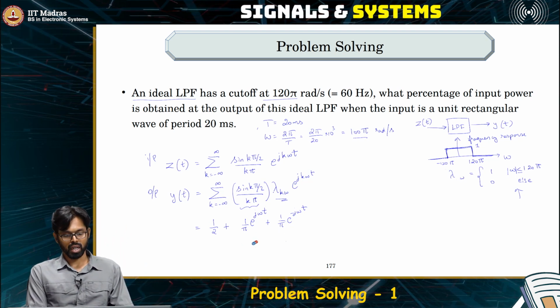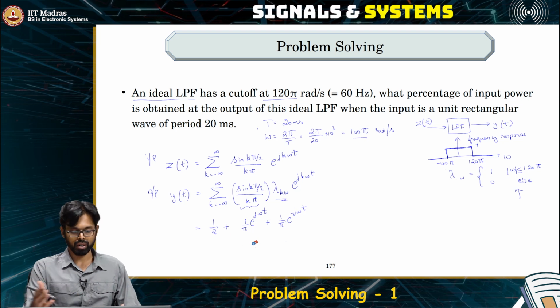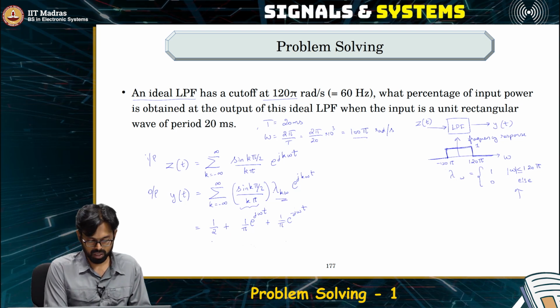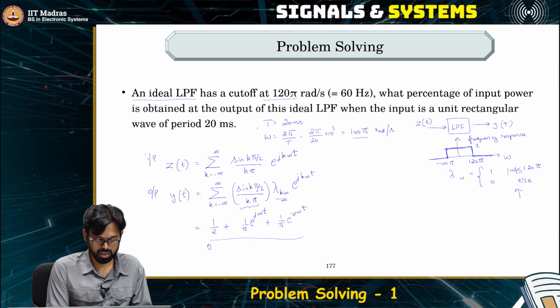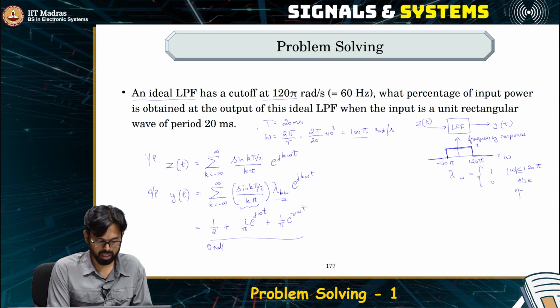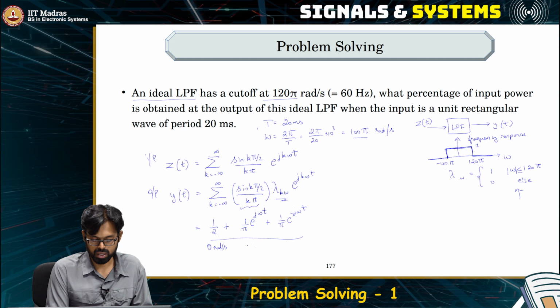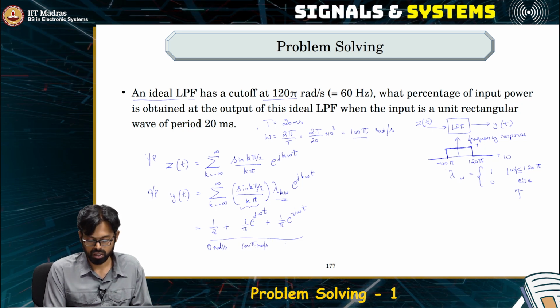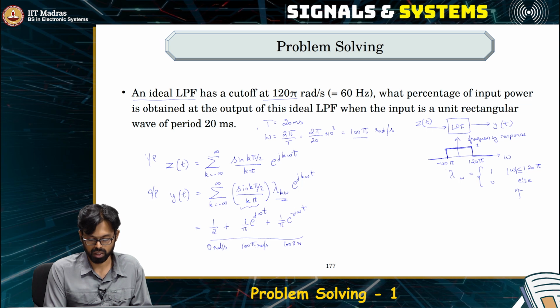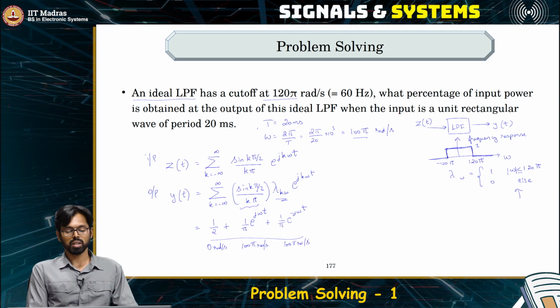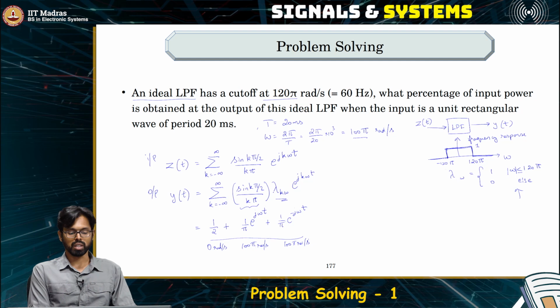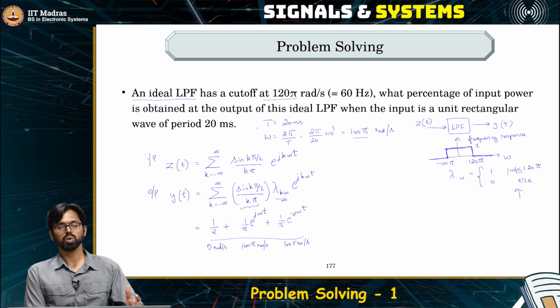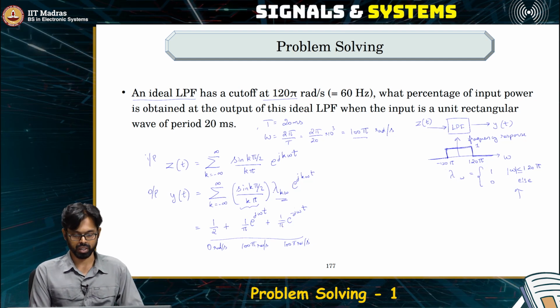The low pass filter has effectively removed all the high frequencies and left with only this DC. This is 0 radians per second, and this one has 100 pi radian per second, and this has 100 pi radians per second. All other frequencies have been effectively removed at the output. So, this is what we see as a low pass filter's function, and it has performed very well.